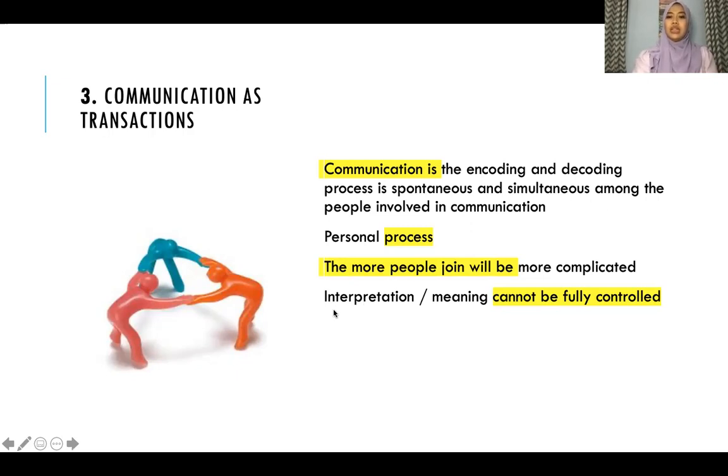And because this happens spontaneously and simultaneously, the interpretation here, or how the meaning is given, cannot be fully controlled, because as you know, people have different values, different cultures, and also a different way of life, for example.